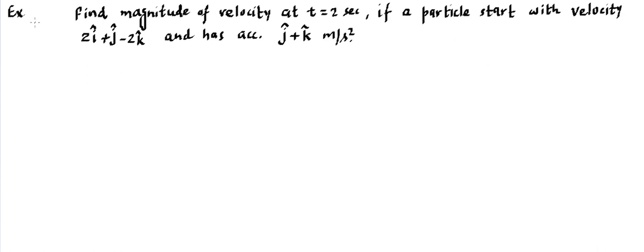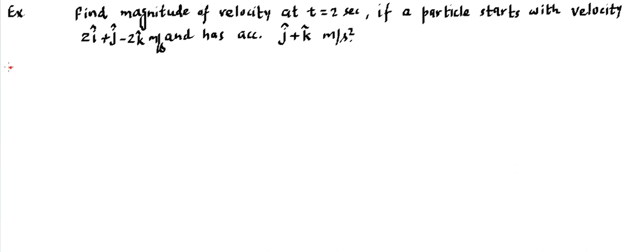So let's consider this example. This example reads: find the magnitude of velocity at t equal to 2 seconds. So at this particular time we need to find the magnitude of velocity. Given that a particle starts with velocity 2i cap plus j cap minus 2k cap meter per second and has acceleration j cap plus k cap meter per second square.